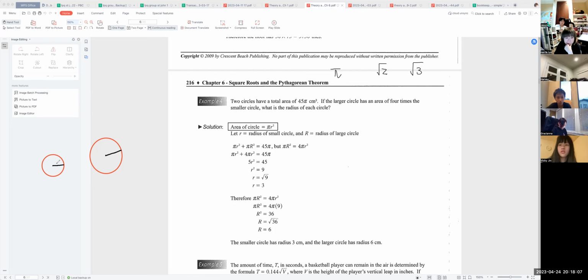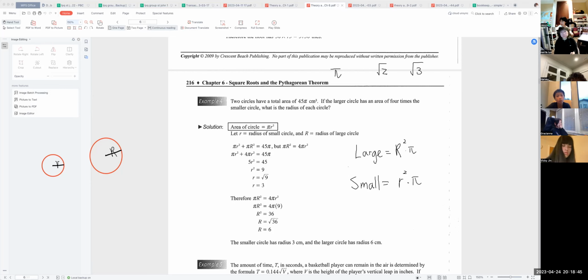Okay, so now let's take a look at this one. We have this one is little r, and we have this one is bigger R. Why? Because this is a bigger circle, this is a smaller circle, right? I know the two circles have a total area of 45 pi centimeter square, and the larger circle has an area of 4 times the smaller circle. So the larger equals R squared times pi, and the small circle equals little r squared times pi.